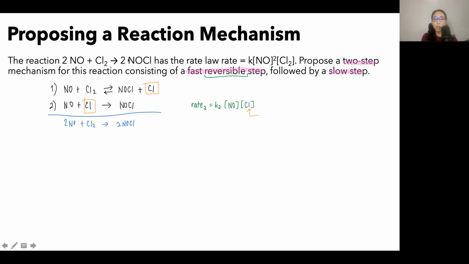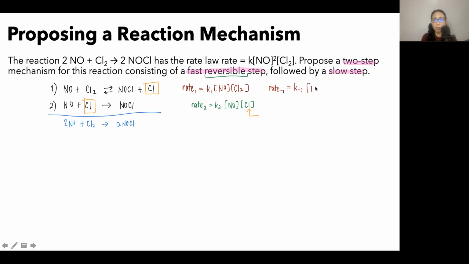According to our equilibrium method, first we write the rate law for the forward reaction of the first elementary step. And then we also write the rate law for the backward reaction of the first elementary step.